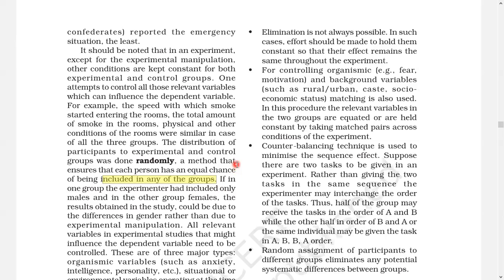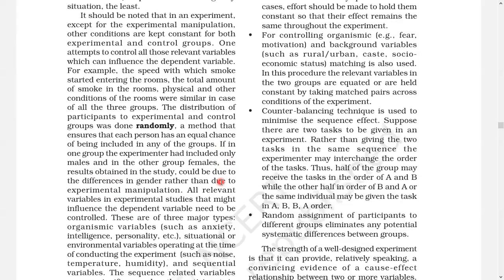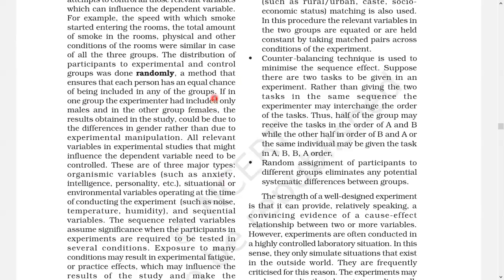Like the population, the number of participants is also a factor you have to consider. If one group of the experimenter had included only males and the other group only females, the results obtained could be due to the differences in gender rather than due to the experimental manipulation.